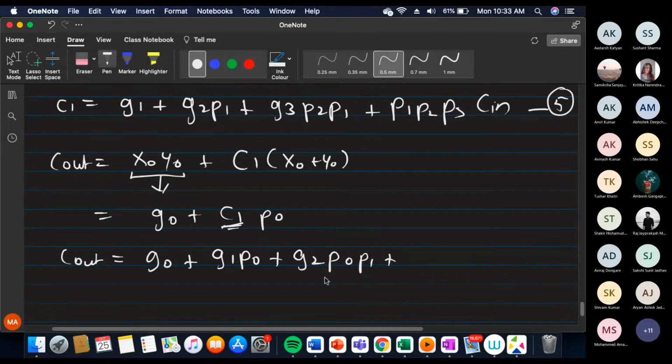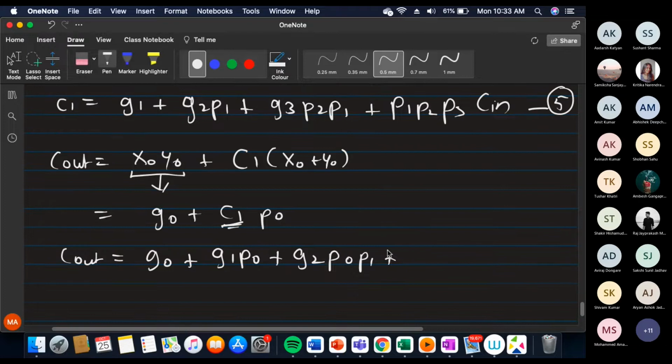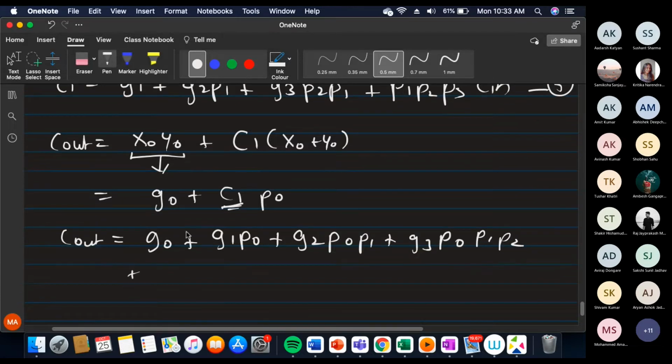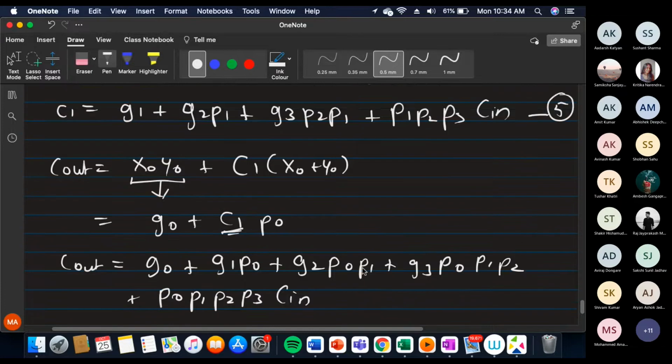The third term with P0, so G3 P0 P1 P2, plus the last term with P0, so P0 P1 P2 P3 C in. Yes, sir. That is equation number 6.